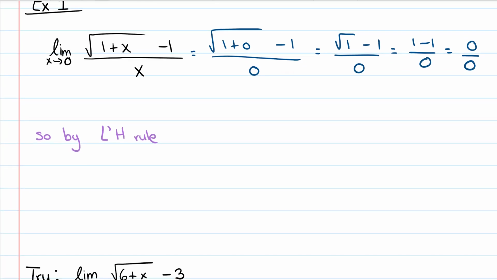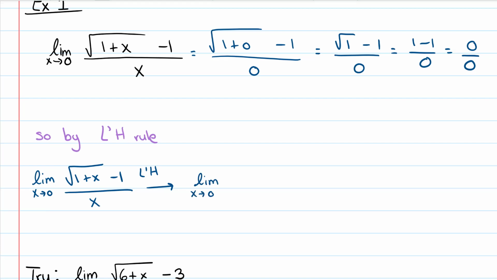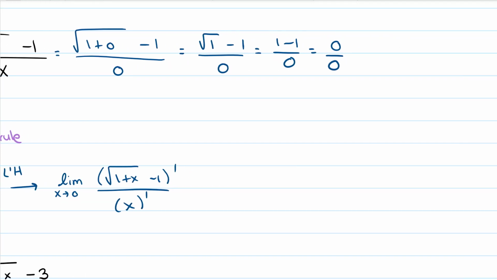So here we're going to get the limit as x approaches 0 of the square root of 1 plus x minus 1 divided by x becomes, using L'Hopital's, the limit as x approaches 0 of the derivative of the numerator divided by the derivative of the denominator. Be very careful not to get this confused with the quotient rule. We're not using the quotient rule here. We're not taking the actual derivative.